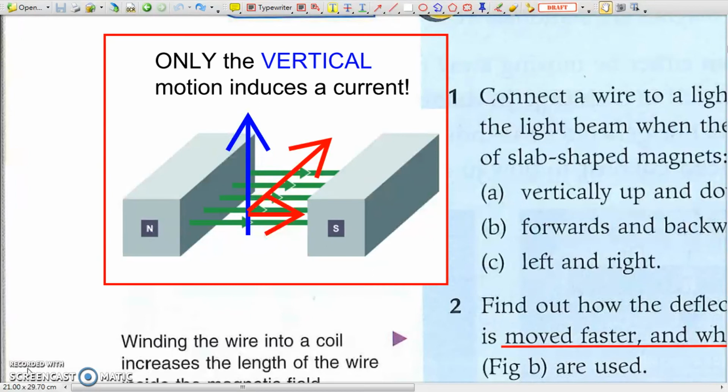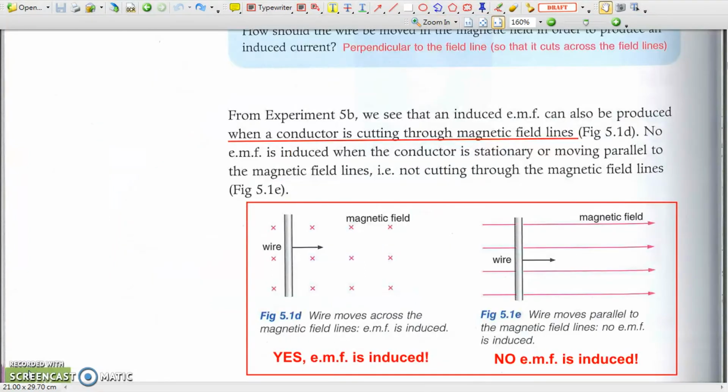Moving the wire parallel to or in between the field lines does not induce an EMF. In other words, in the above experiment, it's only in the case when the wire is moved perpendicular to the field lines that it may cut the field lines and then induce an EMF. In the other 2 cases, there will be no EMF produced.